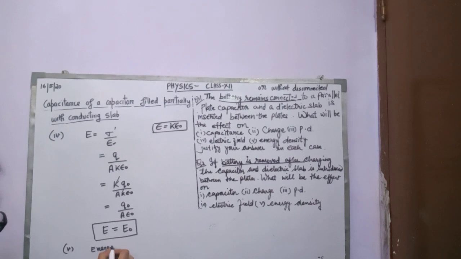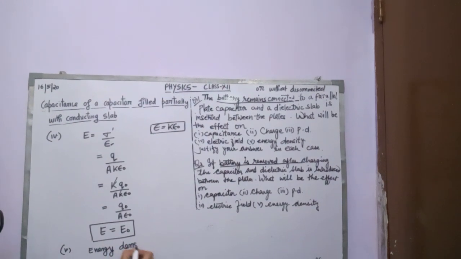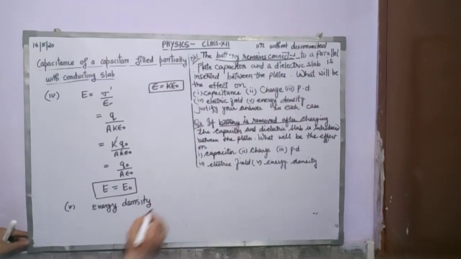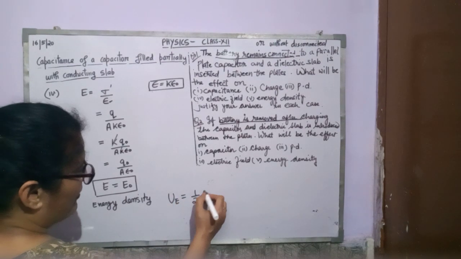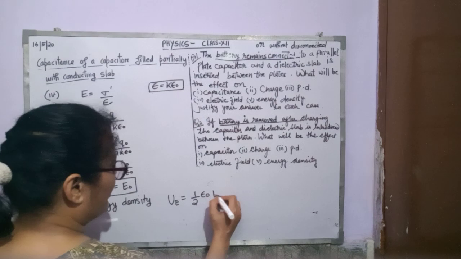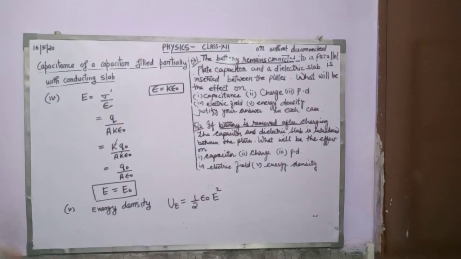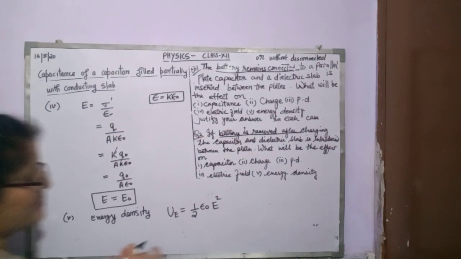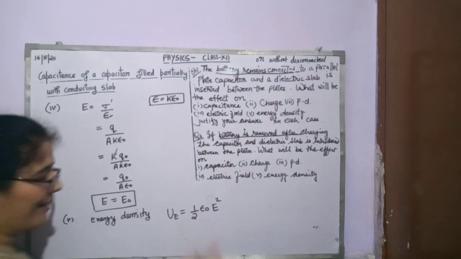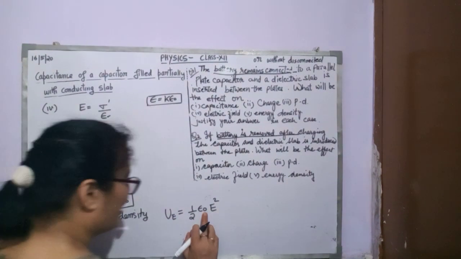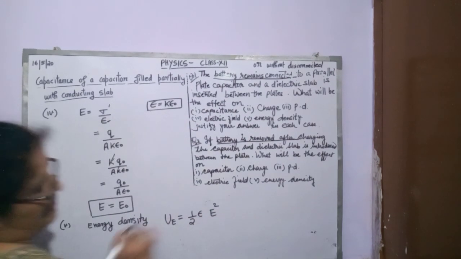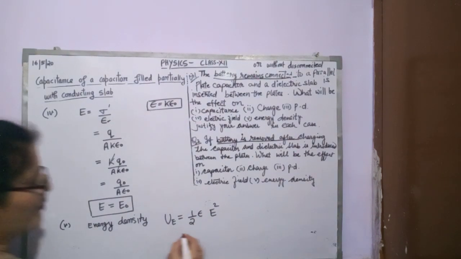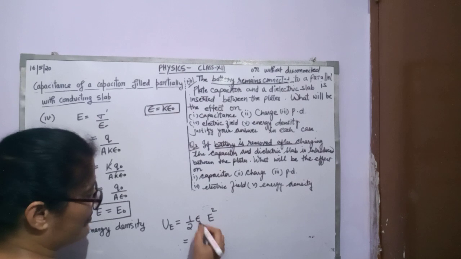Energy density, you know, is denoted by UE, and its value is half epsilon naught E square. This is the value. But in this case, here dielectric is introduced. Then in place of epsilon naught, it becomes epsilon. If you substitute the value here, half, what about epsilon?